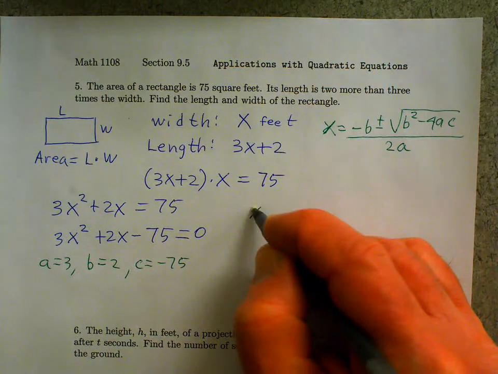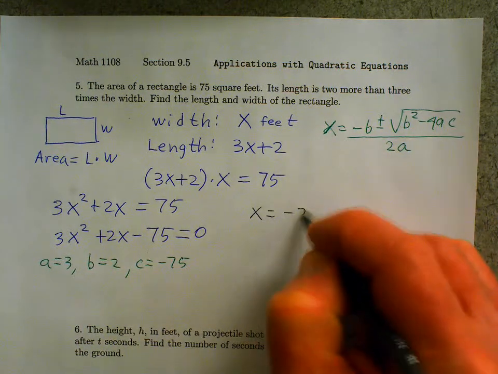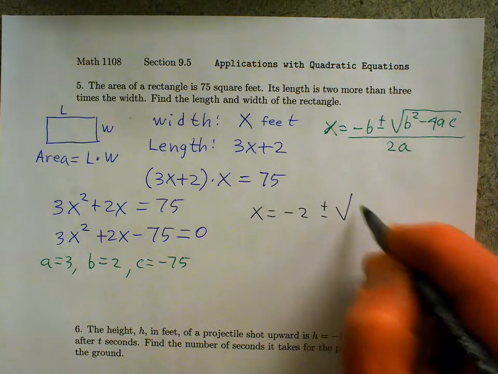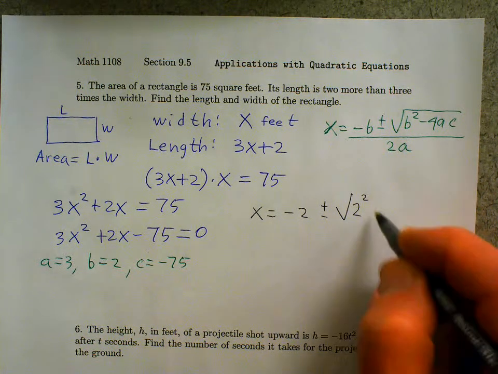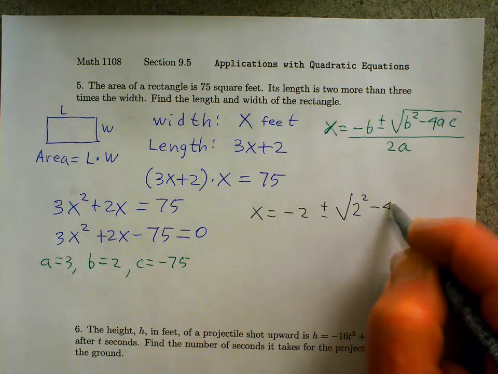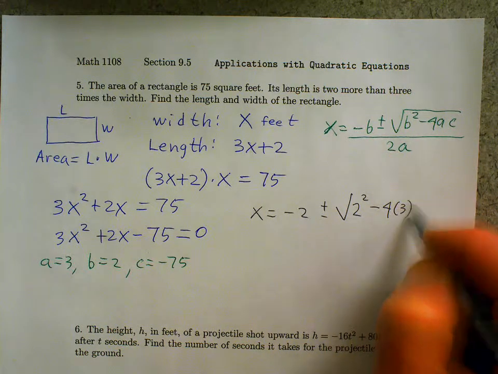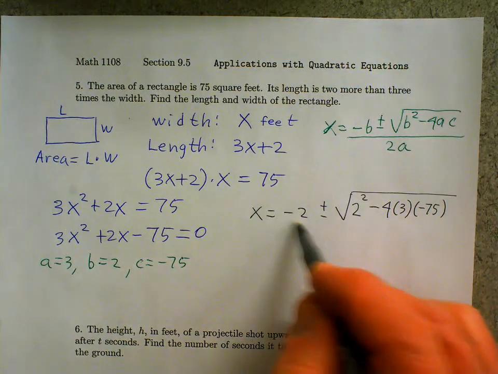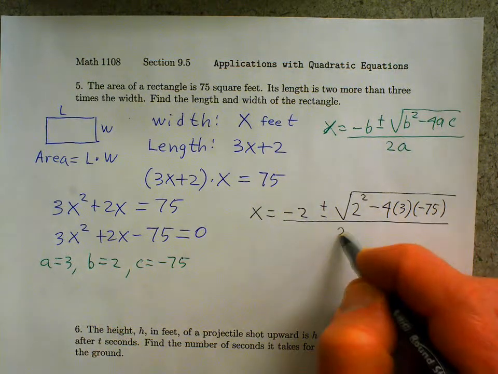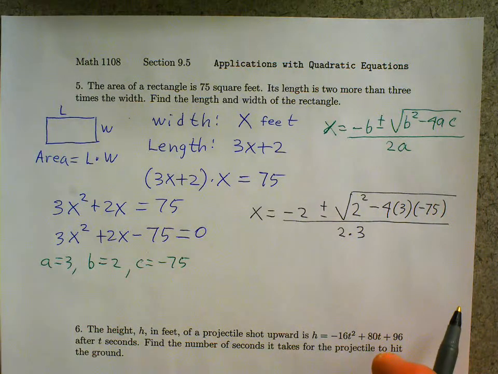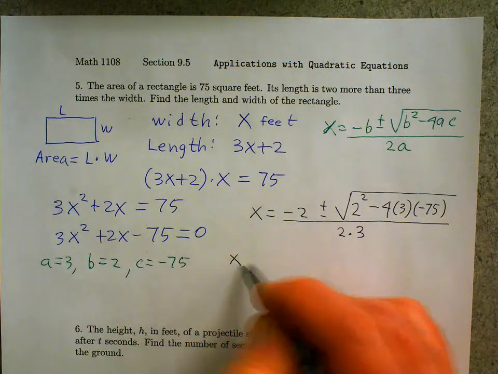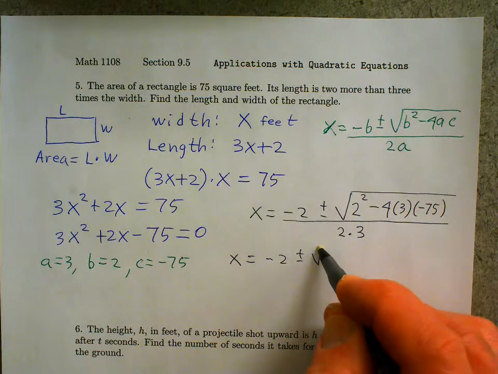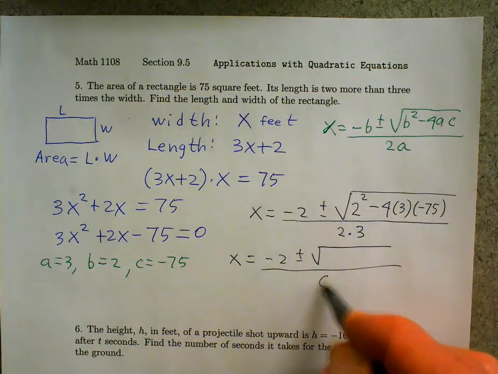Okay, so x equals negative 2, that's the negative b part, plus and minus the square root of 2 to the second minus 4 times 3 times negative 75. And this is all divided by 2 times 3. And we get x equals negative 2 plus and minus square root of a number all divided by 6.